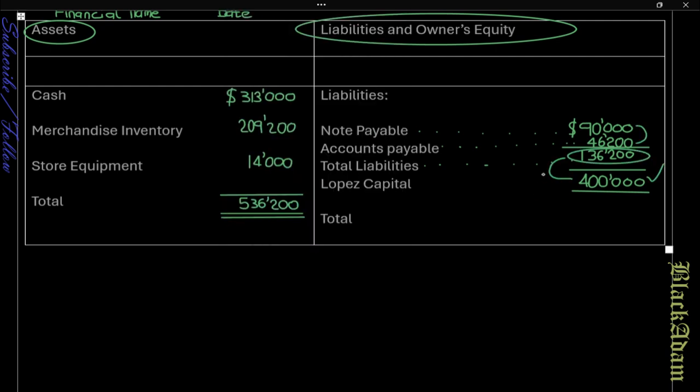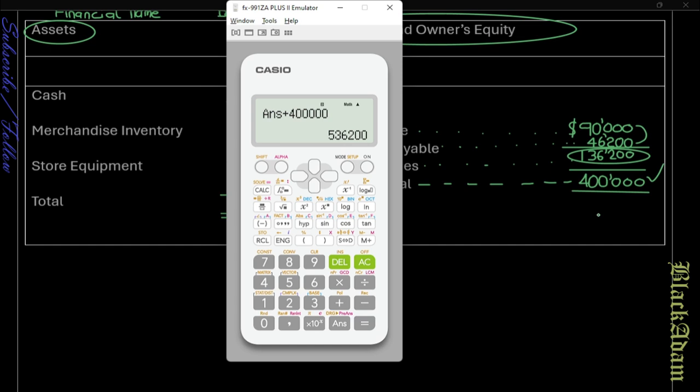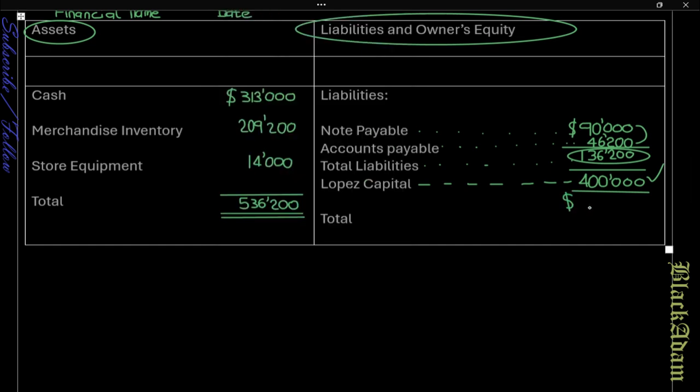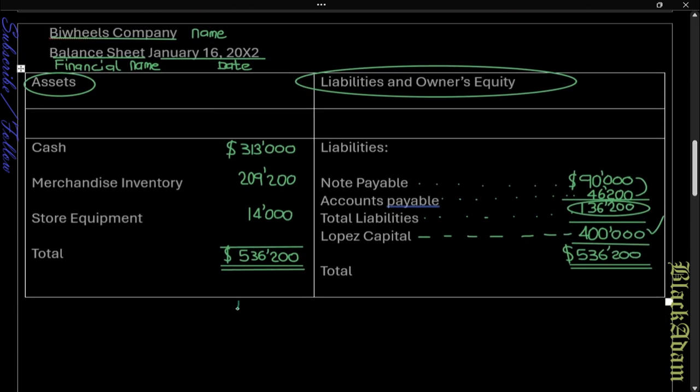So total liabilities plus total owner's equity gives us 536,200. So you can see that the amount is the same, assets and liabilities and owner's equity. The double bar there means that those are the final totals that we have.